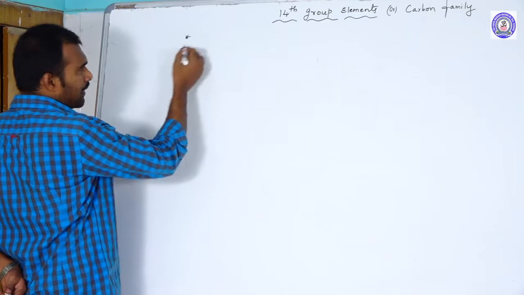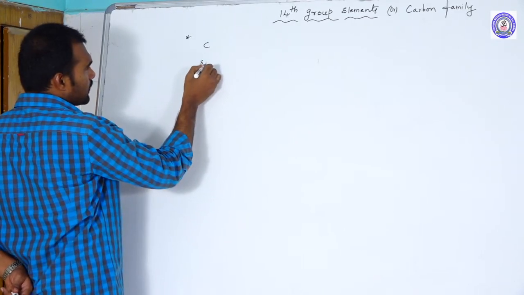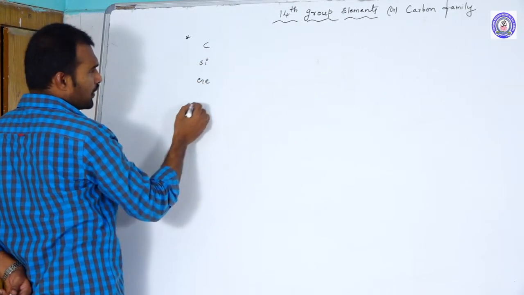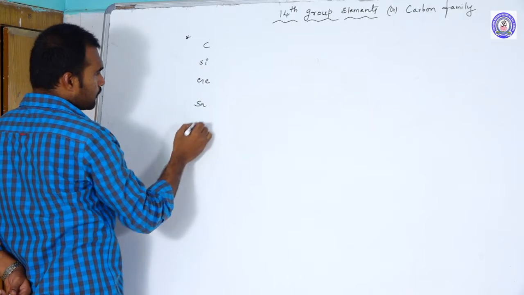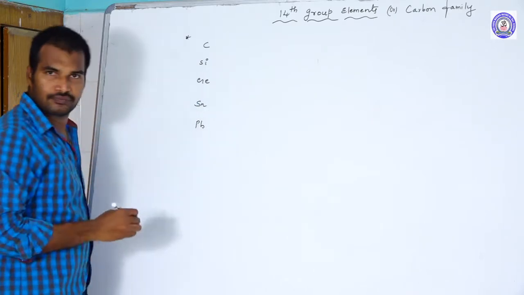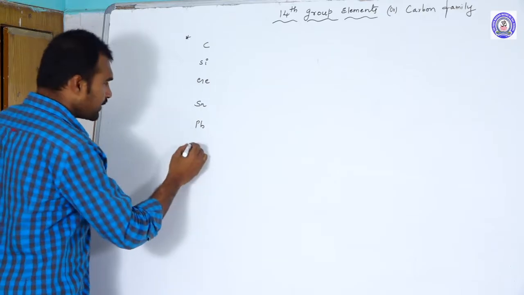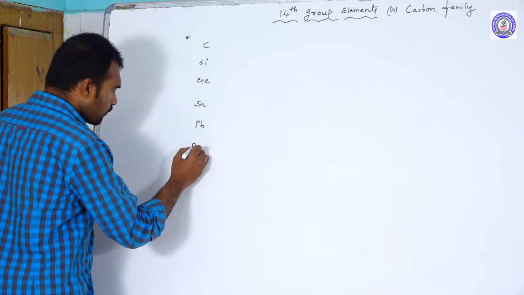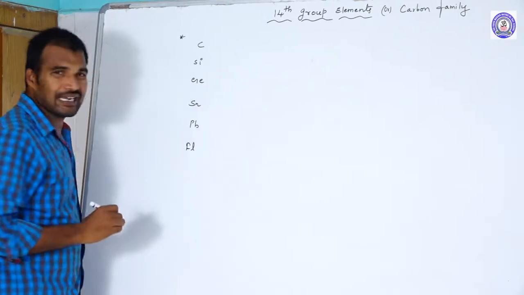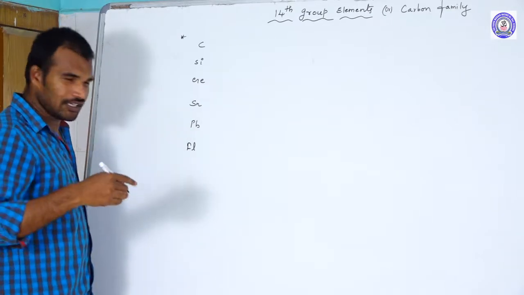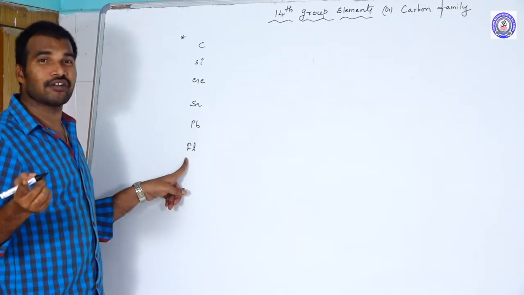The elements are carbon, silicon, germanium, tin, lead. And recently they introduced one more new element in the NCERT book also, that is Fl. You usually think of fluorine, what is the symbol?